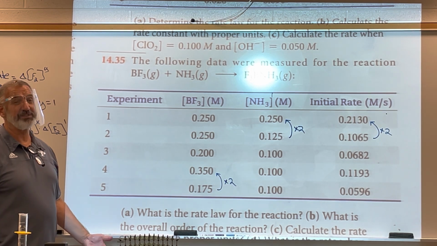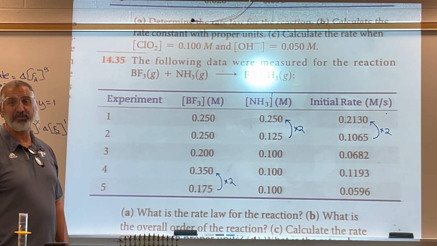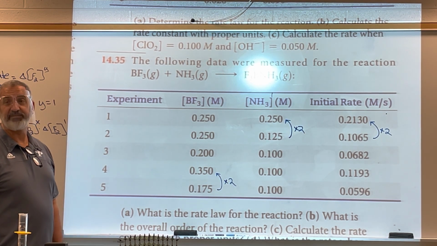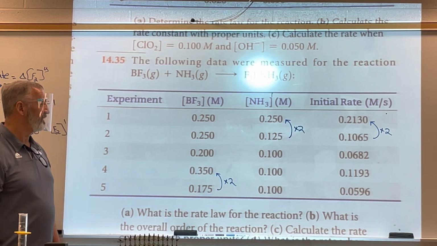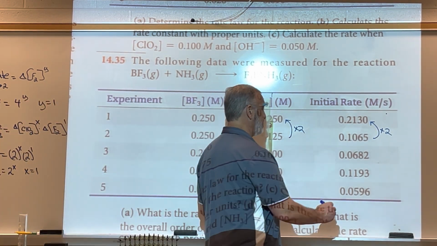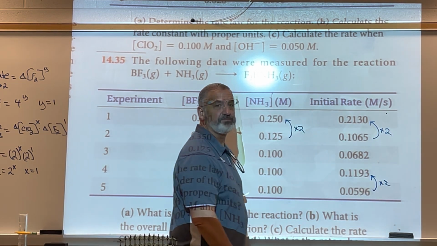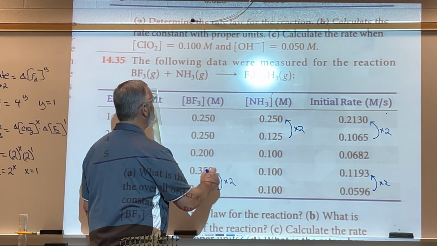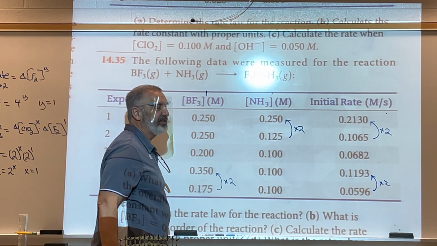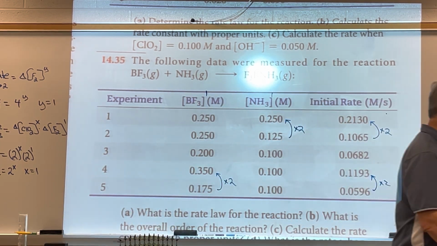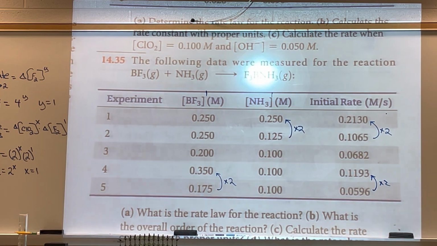Now, it works with fractions, but it makes the exponent a little bit more challenging. I always like to try to find the one that's a nice whole number. What happens to this? Times 2, right? So what do I know my power is here? 1. These are all just so easy.